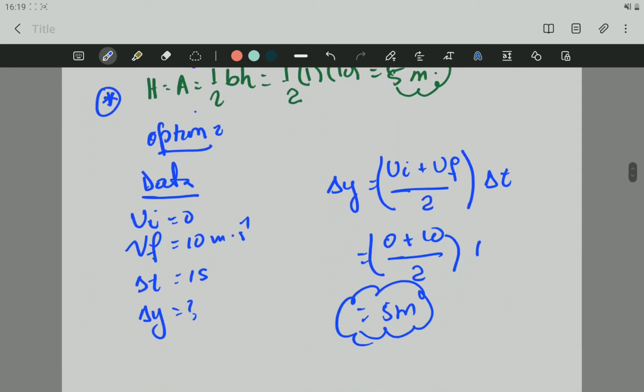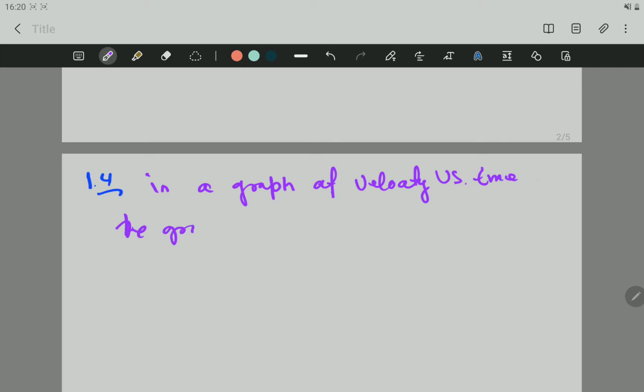Let's also record that from the previous grade you learned that whenever you have a graph of velocity versus time, the gradient will give the acceleration.